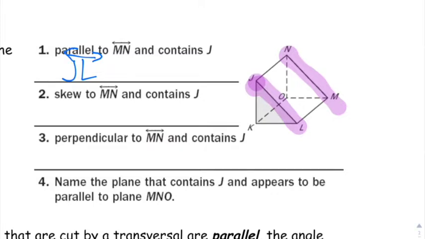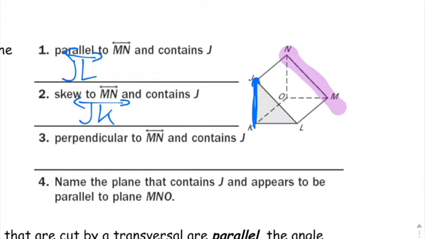Now skew to MN and contains J. Alright, so this is where it's a little bit different here. You want non-coplanar lines. So lines that technically never intersect, but they're going to be going in different planes. So that's the answer there. That one's JK. So if you notice that, one of them's kind of like going up and diagonal, and then the other one's going straight up.